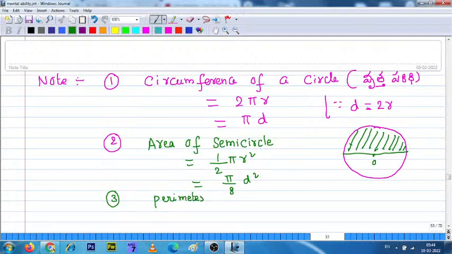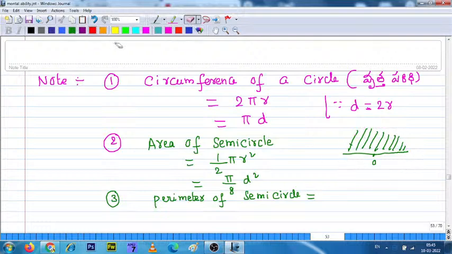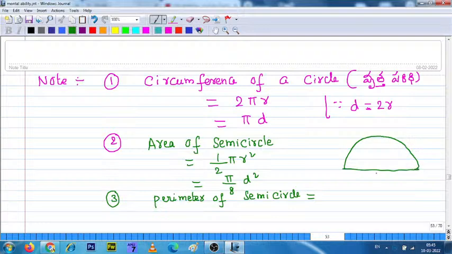Next point is the circumference, the perimeter of the semicircle. Perimeter of the semicircle: this is O. This portion is pi r, and this is r and r.